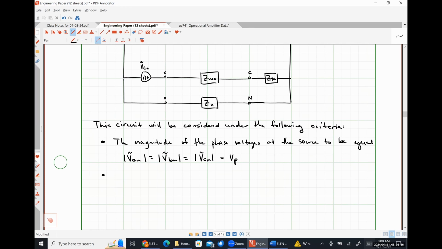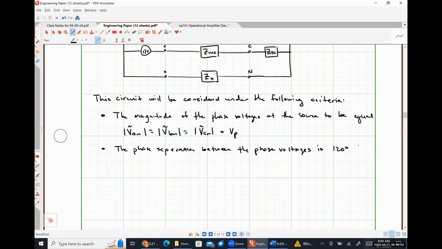Second criterion is that the phase separation between the phase voltages is 120 degrees.